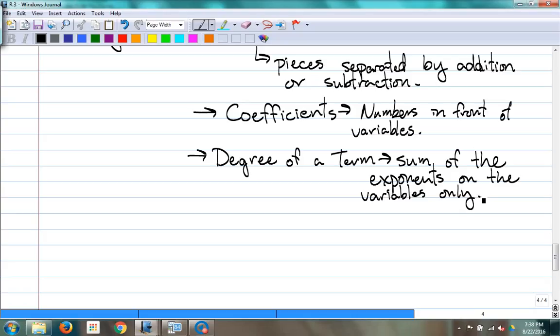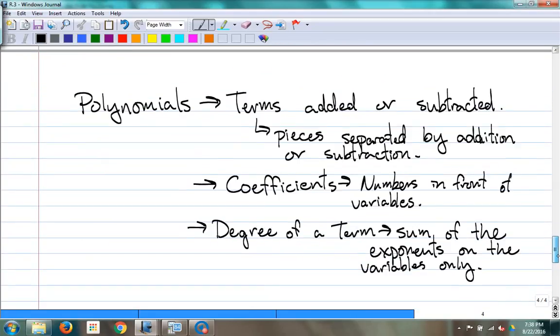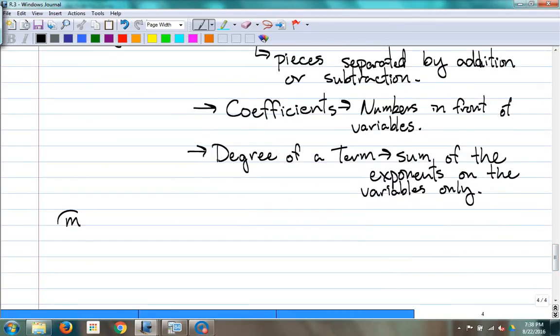Okay. So when we look at a polynomial, I don't know what letter we're on now, M for this section, if we want to state the degree of the polynomial, we're going to learn how to do that here.